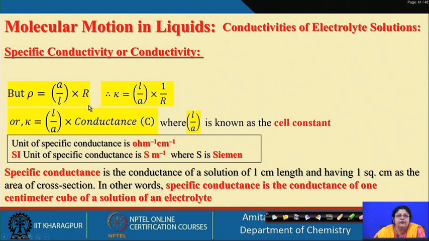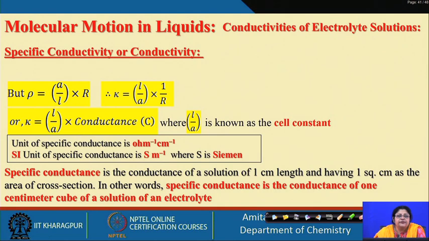We can define what is kappa. This is the specific conductivity, which is represented by kappa equal to L by A into 1 by R. So, L by A into the conductance, where 1 by R is the conductance and L by A is nothing but the cell constant.